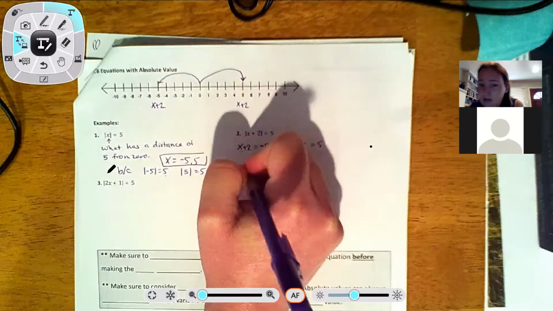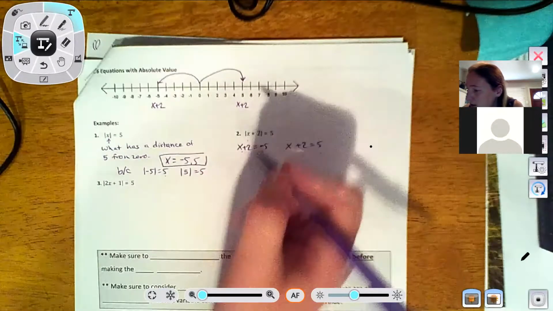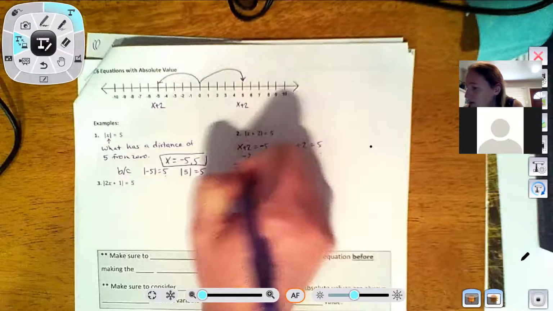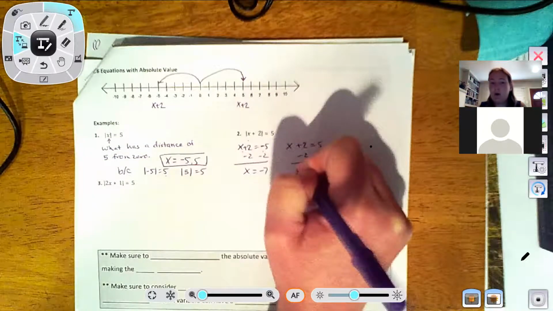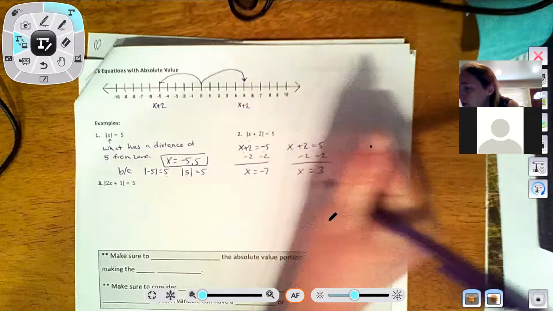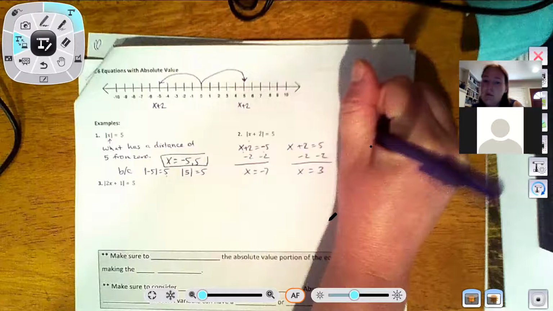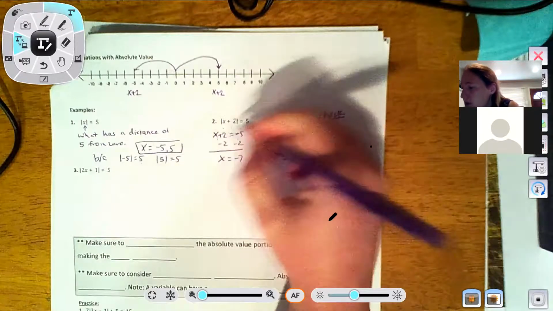So solving, we get that x would be -7 and x would be 3. And you could check your work by plugging it back inside the original problem. And this is where some people make mistakes, is that they check but they don't go to the original. So you have to go back to the original.